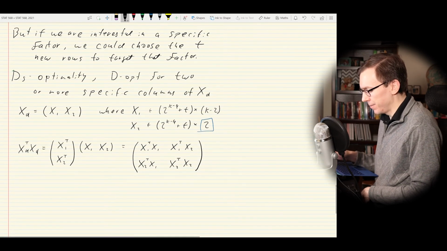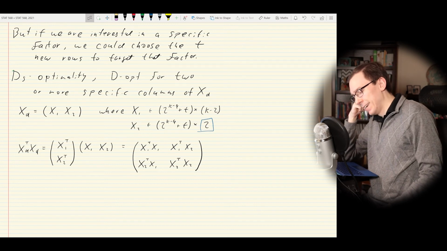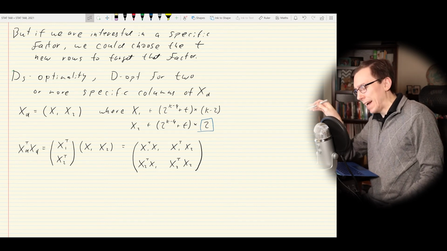Okay, so that's just the same matrix, X_D transpose X_D, but written in block matrix form.